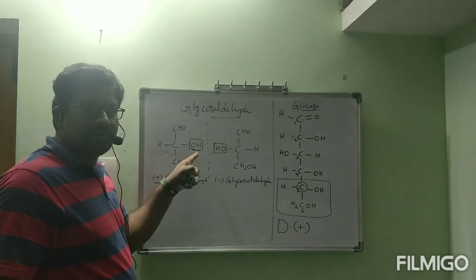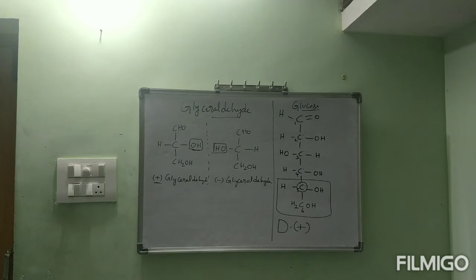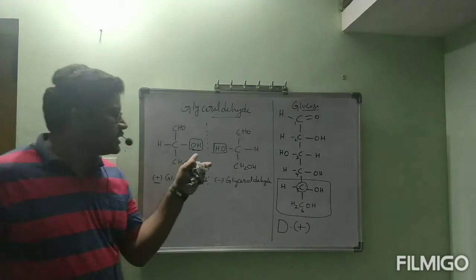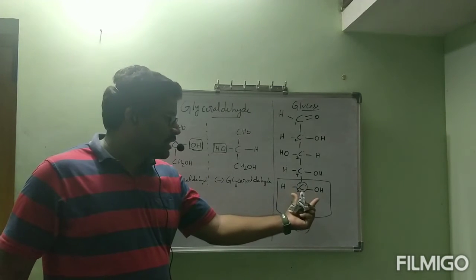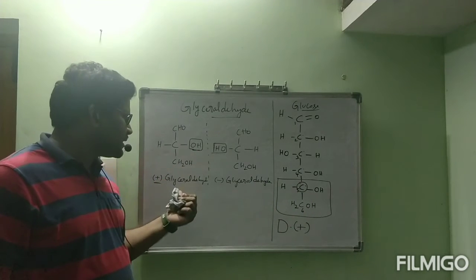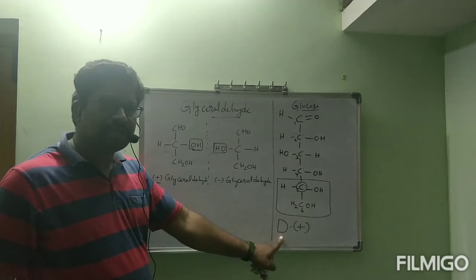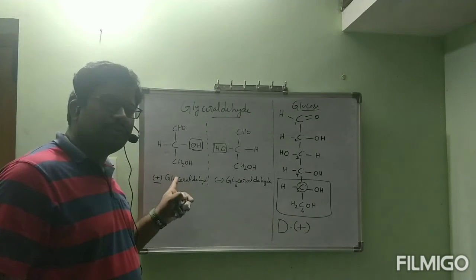Glyceraldehyde contains OH on the right side. If the last asymmetric carbon of any carbohydrate resembles plus glyceraldehyde, then capital D representation will happen. This is capital D representation relative to glyceraldehyde.